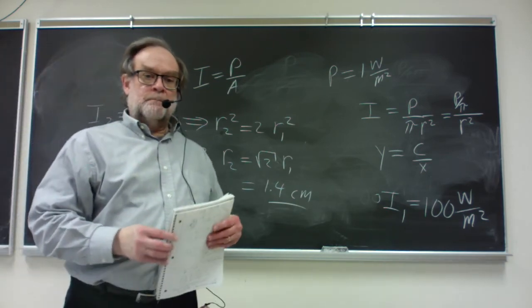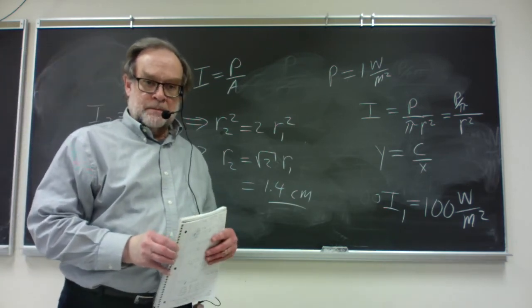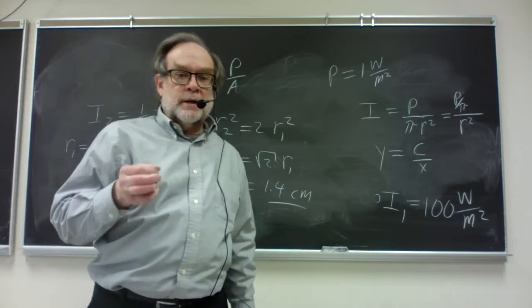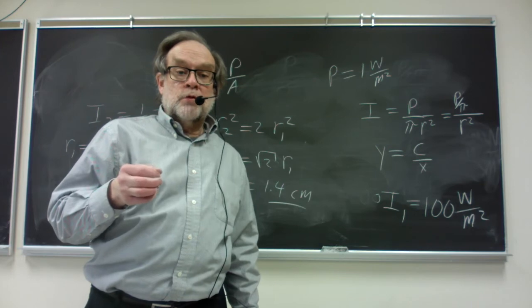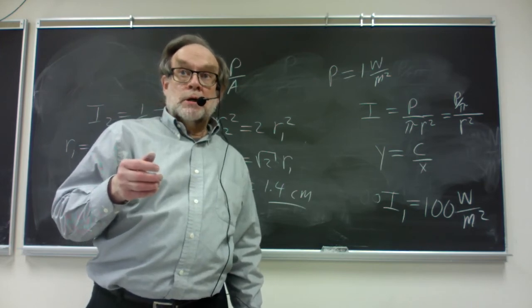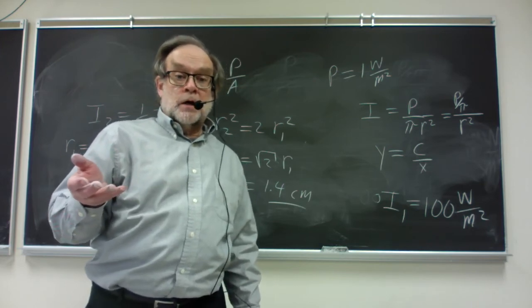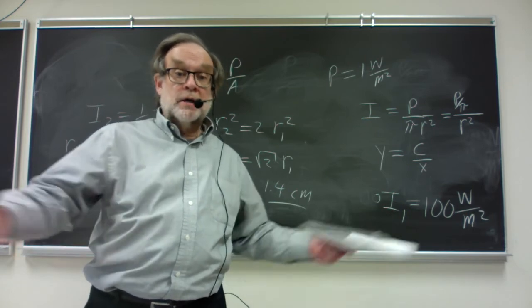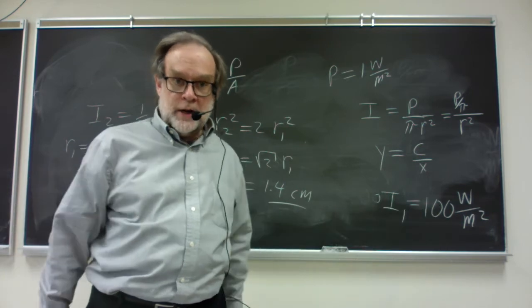Okay, that's how intensity works. The thing you might have noticed in the reading is that when you measure intensity in watts per square meter, the range of intensities that different waves can have is a huge range.